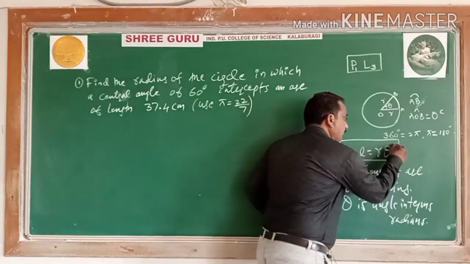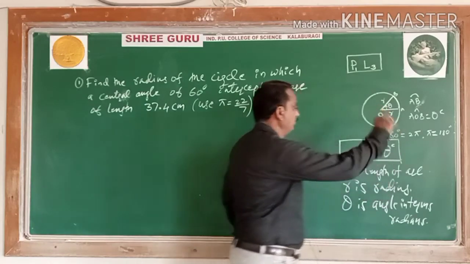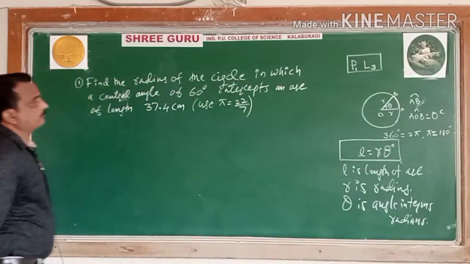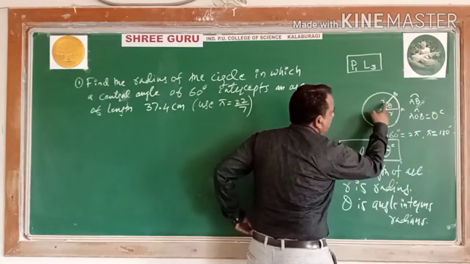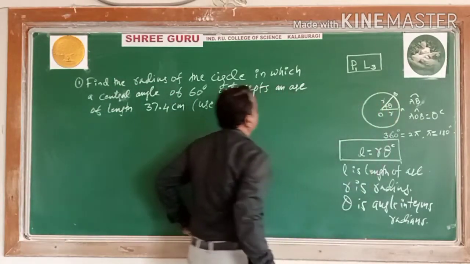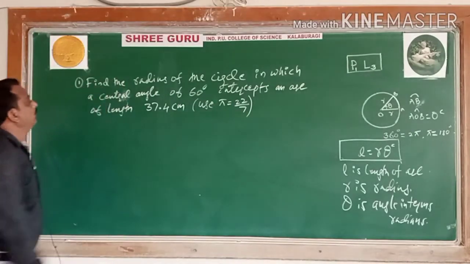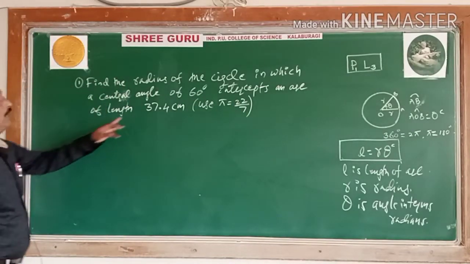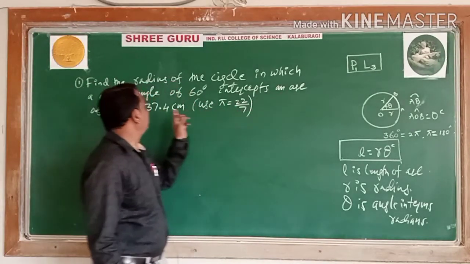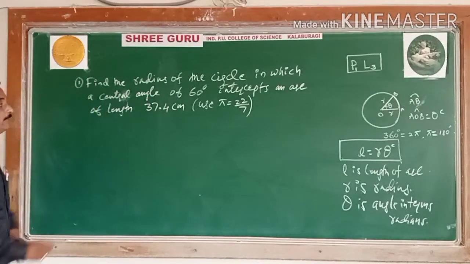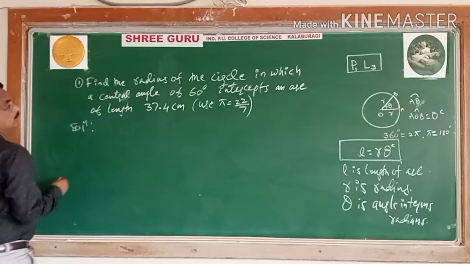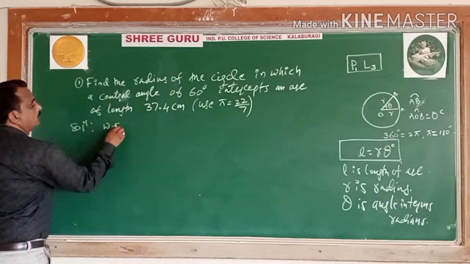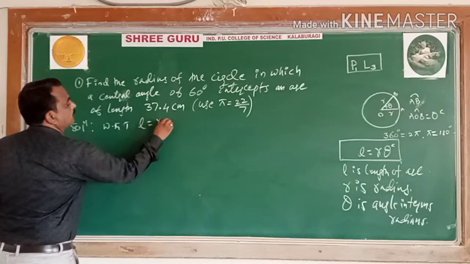It intercepts an arc of length. What is the length of the arc? 37.4 centimeter. See the solution here. We know that L is equal to R theta.